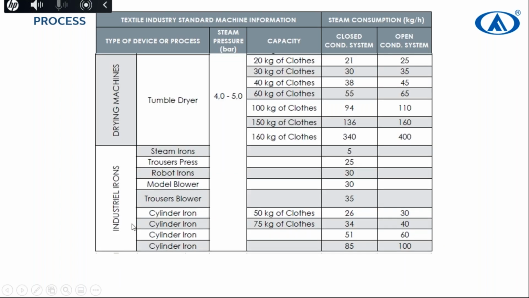For dryers and industrial irons, you can select thermodynamic steam trap because the condensation amount is too little, and you also have air drainers in your steam irons. That's why you can select thermodynamic steam traps for model blowers, for robot irons, for steam irons, or for trousers.